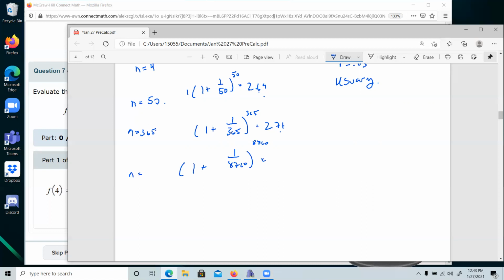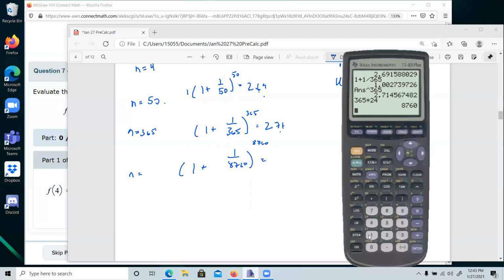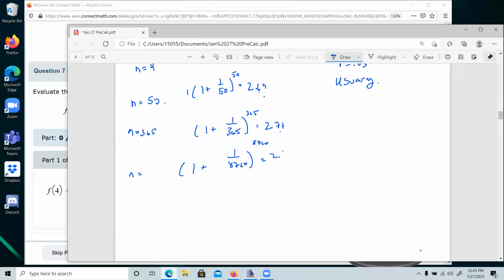Let's see what that is. 1 plus 1 over 8,760, and then raised to 8,760. Okay, here we got 2.718, so 2.72.